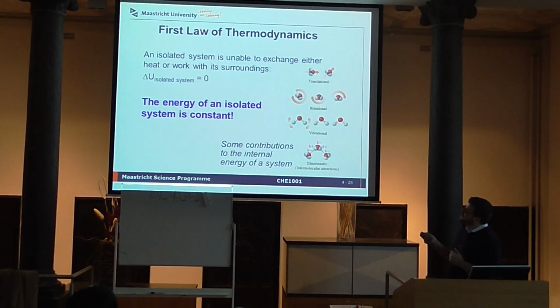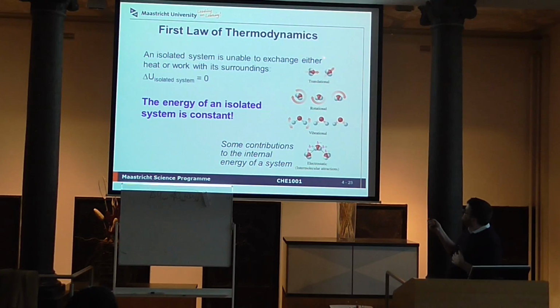So this is another formulation of the first law of thermodynamics. An isolated system cannot lose any internal energy, or the internal energy of an isolated system is constant. The internal energy is the sum of all the potential and kinetic energy in that thermodynamic system.